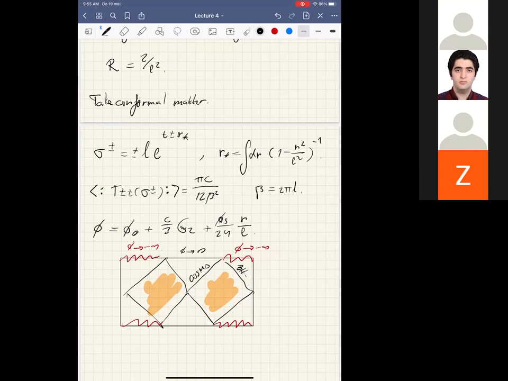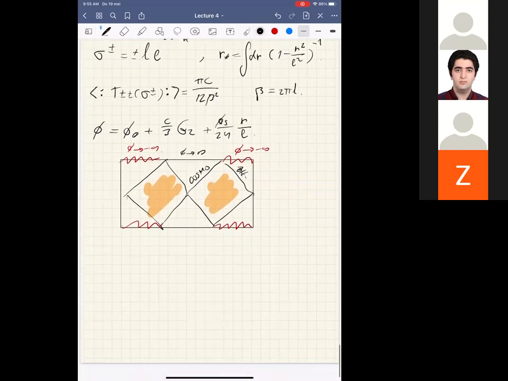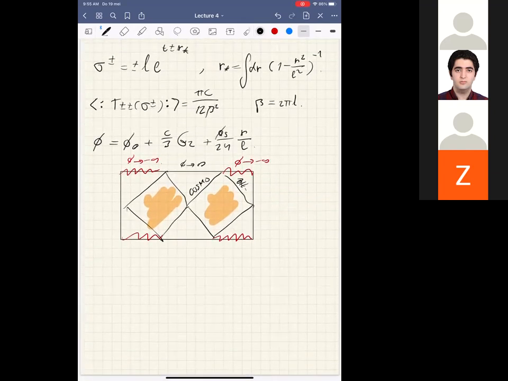So in order to have such a situation, we need to slightly modify this Bunch-Davies state. In the Bunch-Davies state, you have radiation that is right moving and radiation that is left moving. But what we now want to do is imagine that we're just collecting radiation somewhere, so there's only radiation going in one direction.